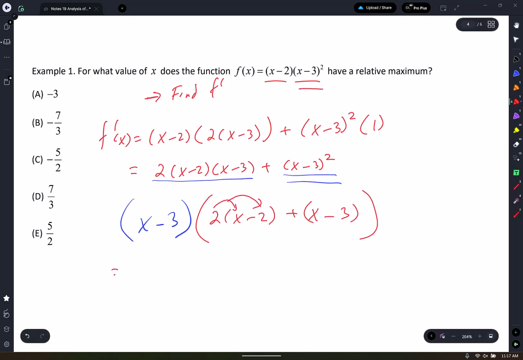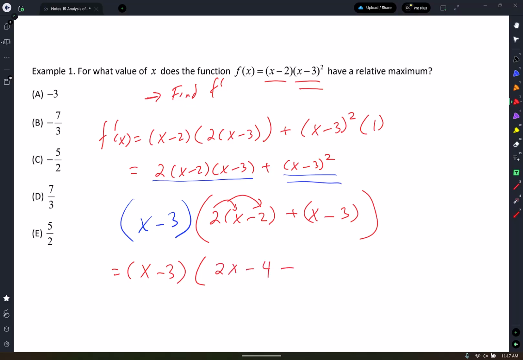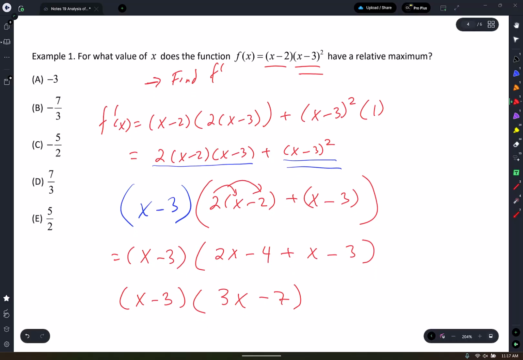So let's see. (x minus 3). And I'm trying to go as slow as I can, guys. Is this an okay speed? 2x minus 4 plus x minus 3. I listen to you guys. See, I'm adjusting. Yeah, combine like terms. (x minus 3), close, open. What's 2x plus x? What's negative 4 minus 3? Okay. There's my derivative. In order for me to find a relative max, I need to find candidates.